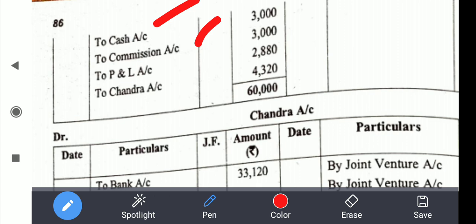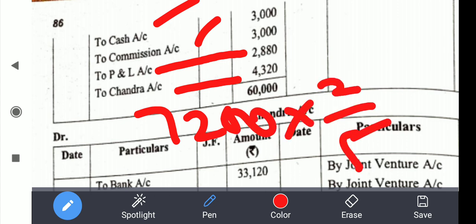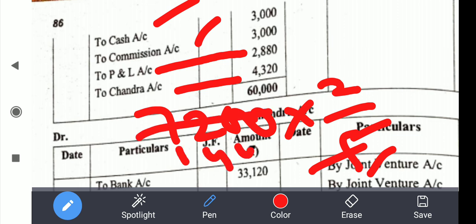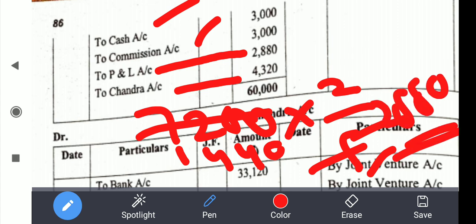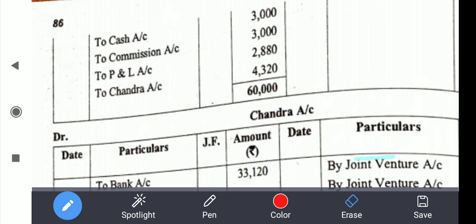To profit and loss account, Ramya's share and Chandra's share. So your total difference is 7,200. 7,200 into 2 by 5 is Ramya's share, which is 2,880 for Ramya. The remaining amount goes to Chandra. Okay, this is the procedure.